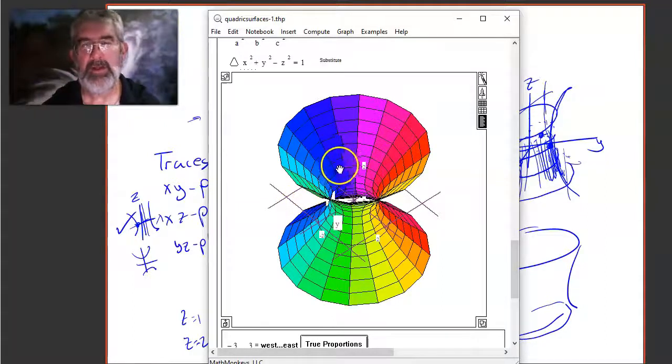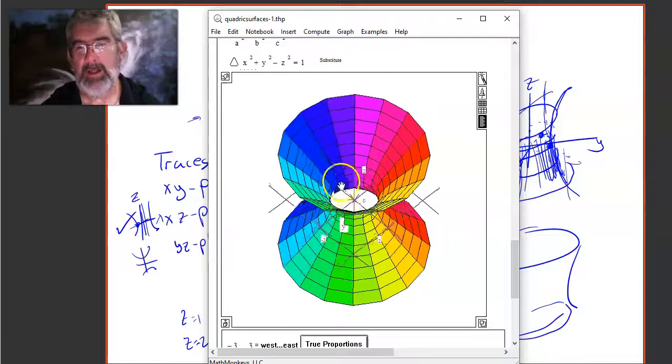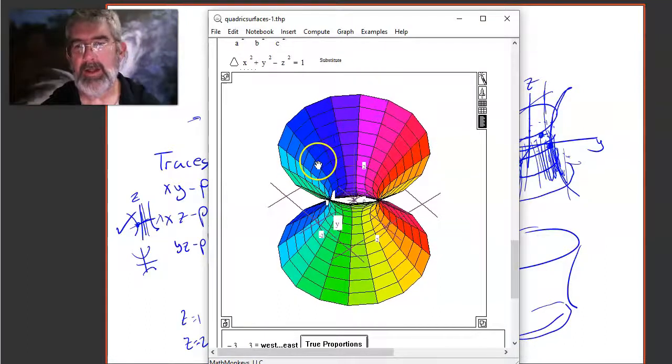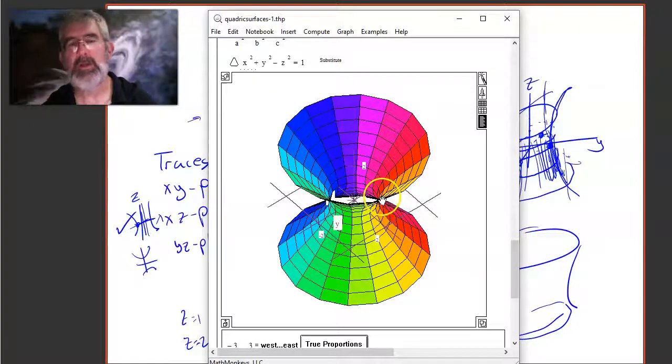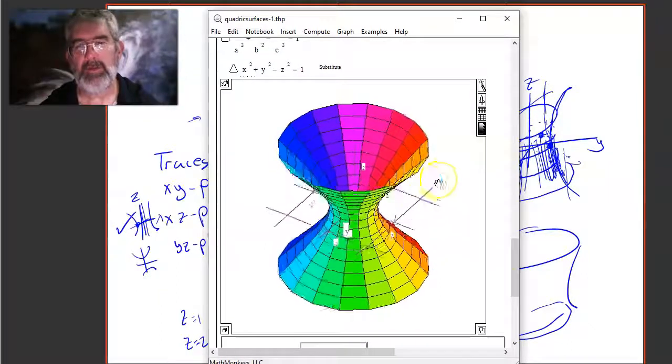Now this is hard to see in this picture, but my claim is that when I look like this, there's spots here and here, well this one's the best one at the moment, where it pinches down to almost nothing. Because what we're doing is we're looking straight down a line, and the whole surface is lining up with that line, and that line is completely contained. There are two lines at every point completely contained on the surface. It's a doubly ruled surface.